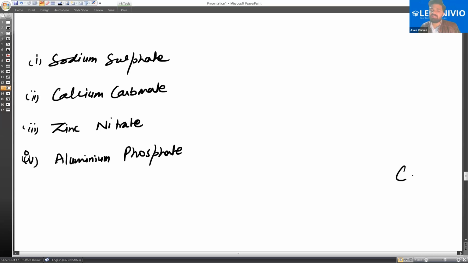For example, if I'm writing calcium oxide, calcium has valency 2 and oxide also has valency 2. When they are the same, they cancel out each other, and it will be calcium oxide only, CaO.